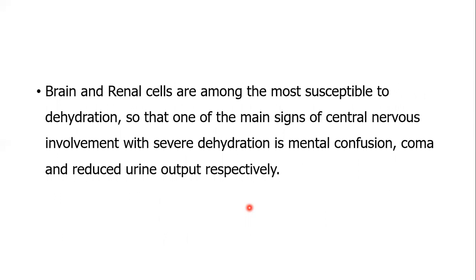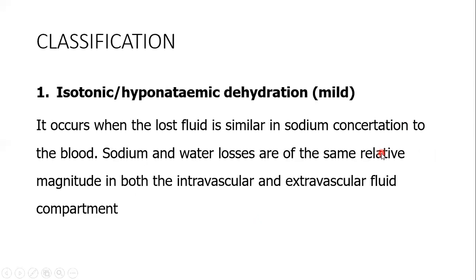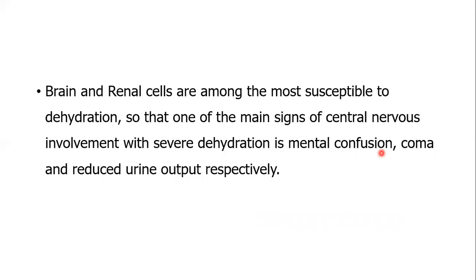The body is trying to conserve the little water that it has. So the result is reduced urine output. And in dehydration, the brain cells are going to be deprived of water, which they need for survival. Therefore, you can have central nervous system disturbances such as mental confusion, coma, irritability, restlessness, and the like. So those are the main organs that are affected in dehydration.